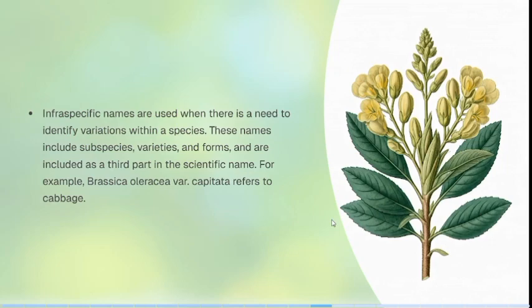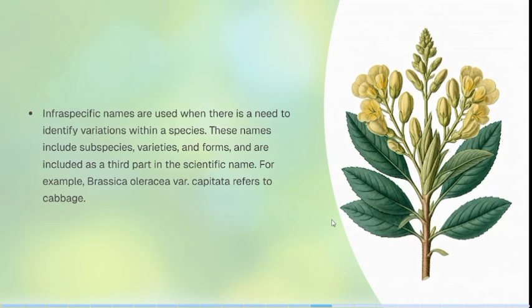So usually, according to binomial nomenclature, we always have two parts of naming: the genus part and the species part. But when organisms have different varieties within the same species, we use these infraspecific names to resolve that issue, and it causes the organism to have a third name. For example, Brassica oleracea var. capitata is used to represent cabbage.